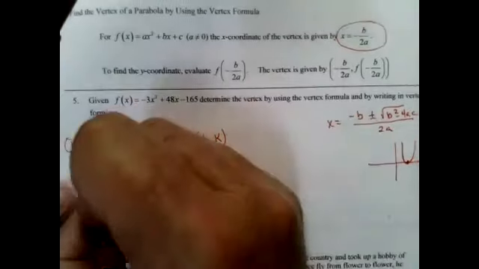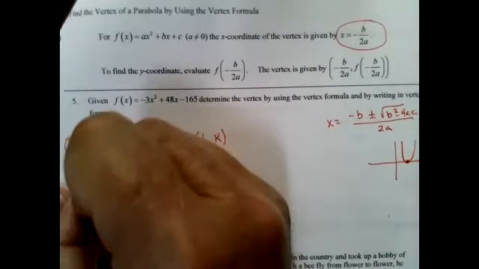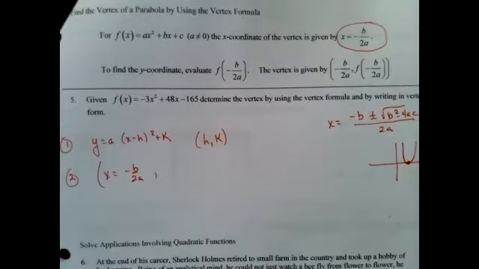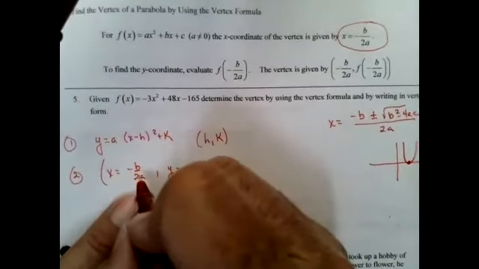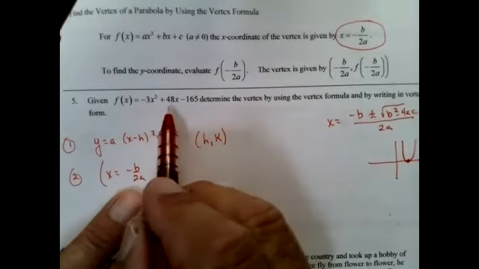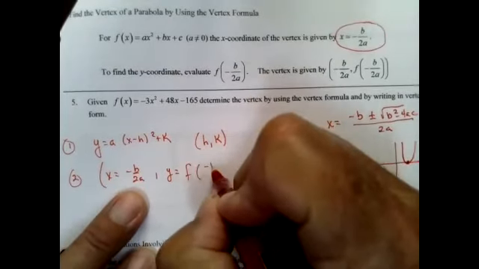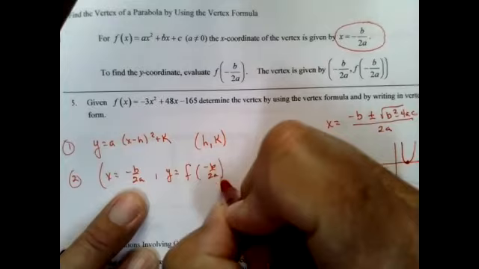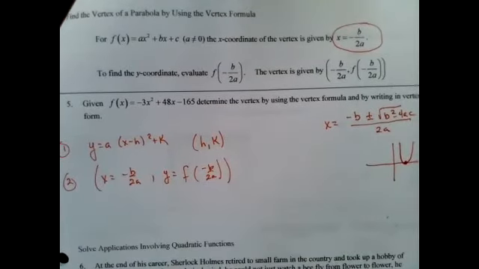So x equals negative b over 2a. That's my x value. And the y value, I'm going to take that value and plug it into my function to get my y value. And we know the y value is always the function f of x.